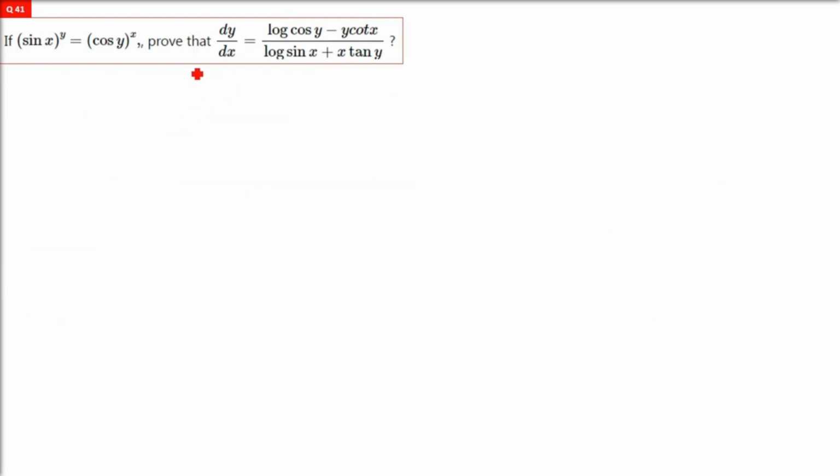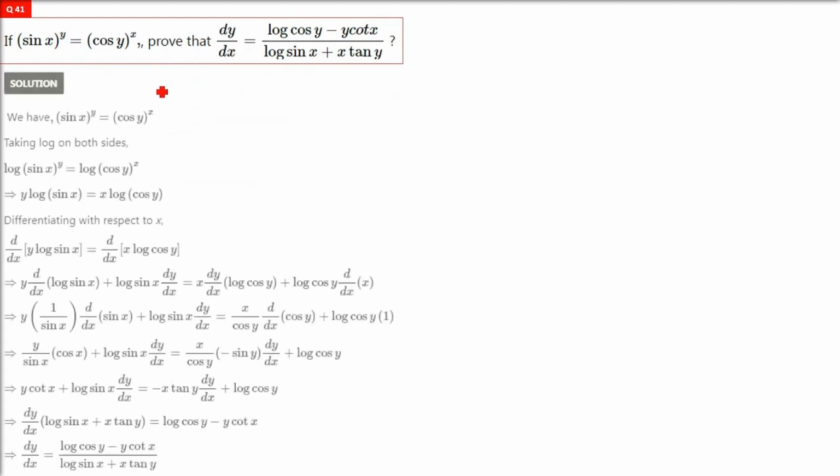Now sin x to the power y is equal to cos y to the power x. So dy by dx. So I'll try to do it in a shortened form, because all this we have done in the earlier part of this exercise. I'm taking log on both the sides, so it will be y log sin x equals x log cos y.